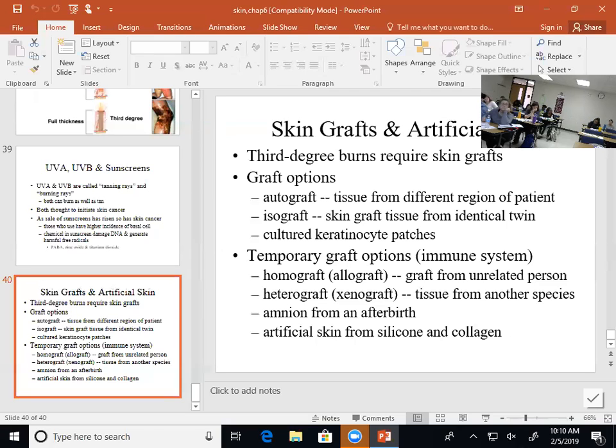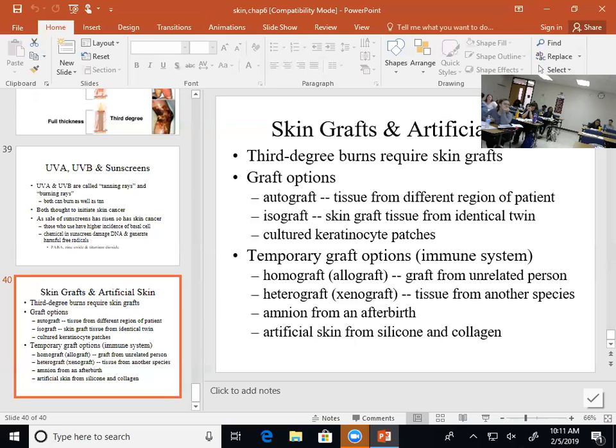Tinea. If you hear that somebody has a tinea infection, it means they have a fungal infection. There's tinea versicolor, which, if you ever see somebody tanning, they'll look like they have little circular lighter patches on their skin, because the fungus on their skin is taking over since the skin's been damaged.